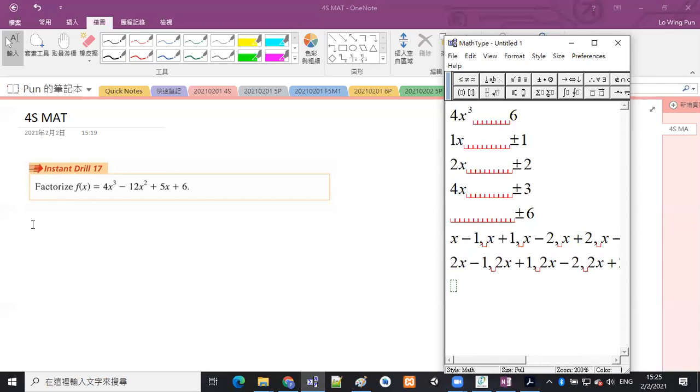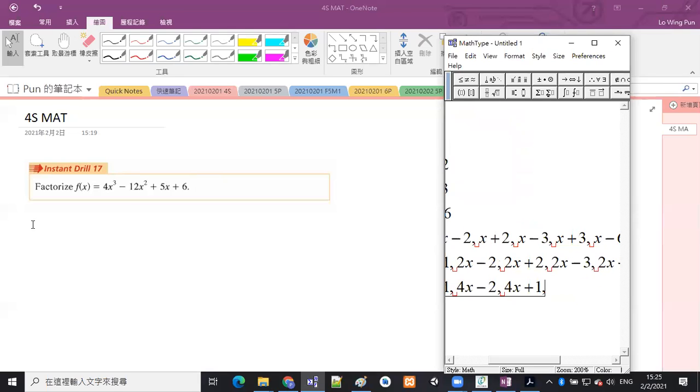And we still have 4x minus 1, 4x plus 1, 4x minus 2, 4x plus 2, and then 4x minus 3, 4x plus 3, and 4x minus 6, 4x plus 6.